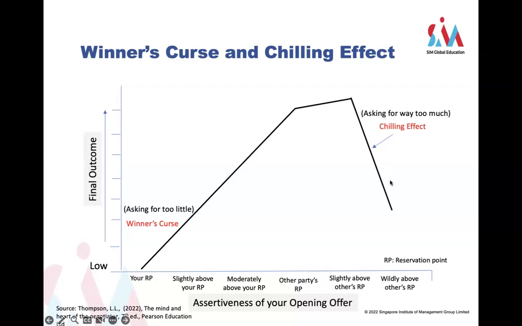It drops down drastically. This is what we call the chilling effect. This is the stage whereby you are going to damage the relationship between both parties, and you should definitely not reach this part here. So be very mindful that as you push to get a better deal, you don't go beyond the point whereby it reaches the chilling effect.